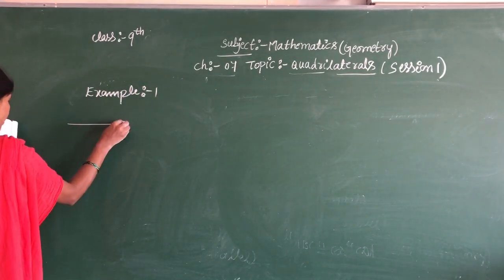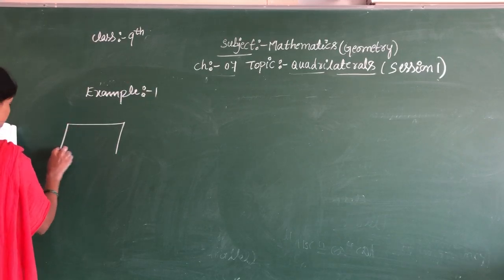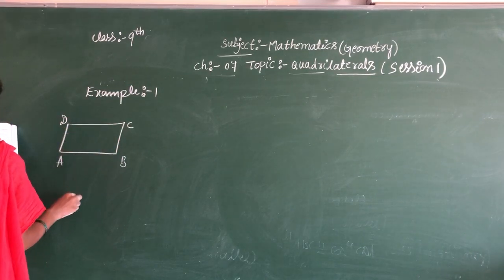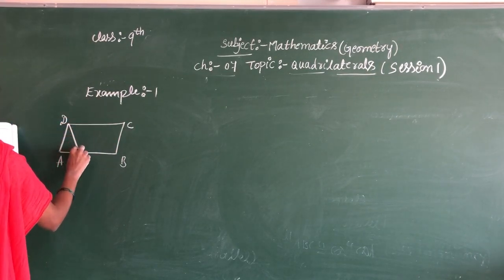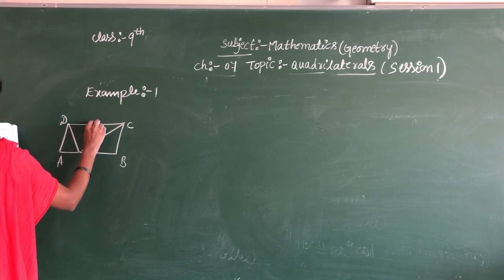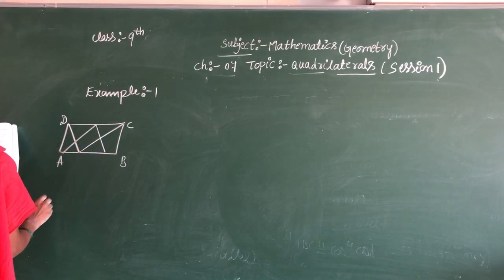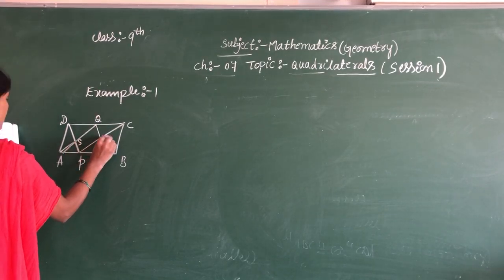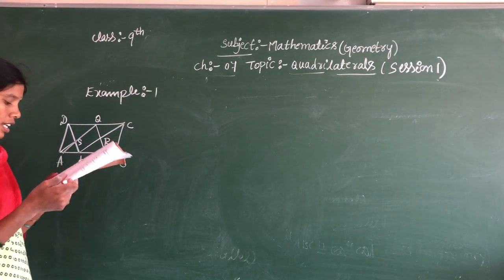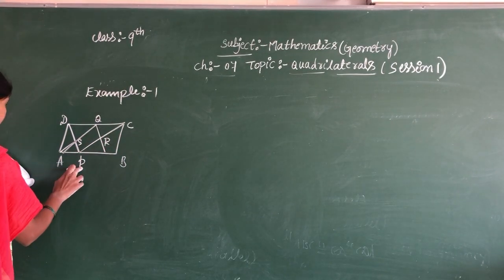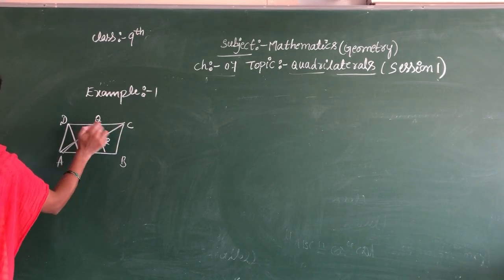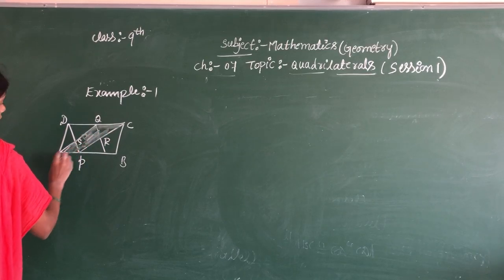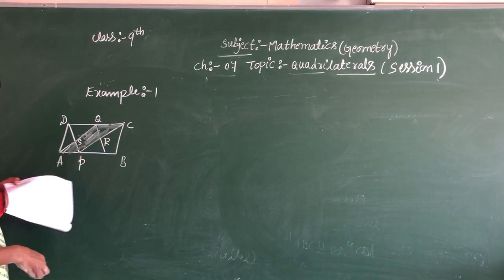So we should draw A, B, C, D. This is P, this is Q, this is S, this is R. So in APCQ, yes children, 1, 2, 3, 4, having 4 sides.